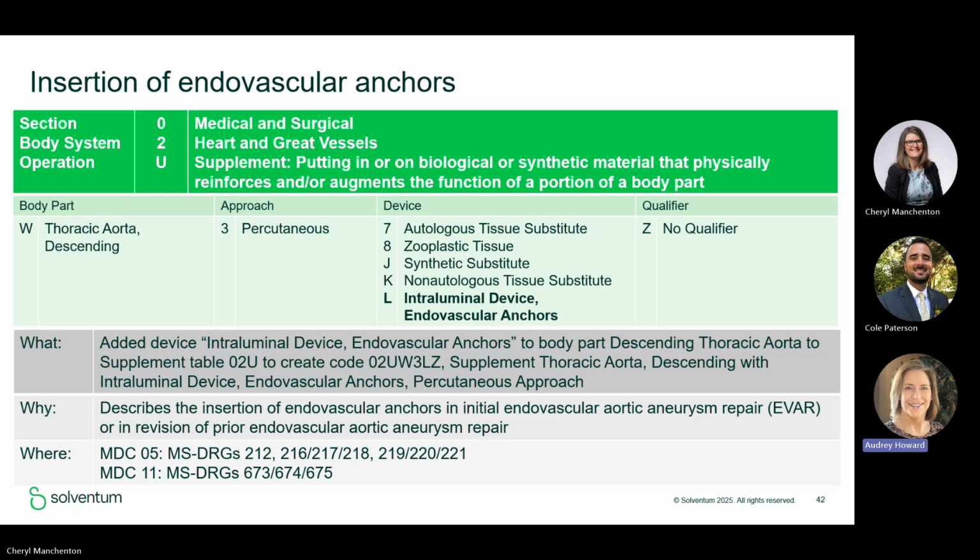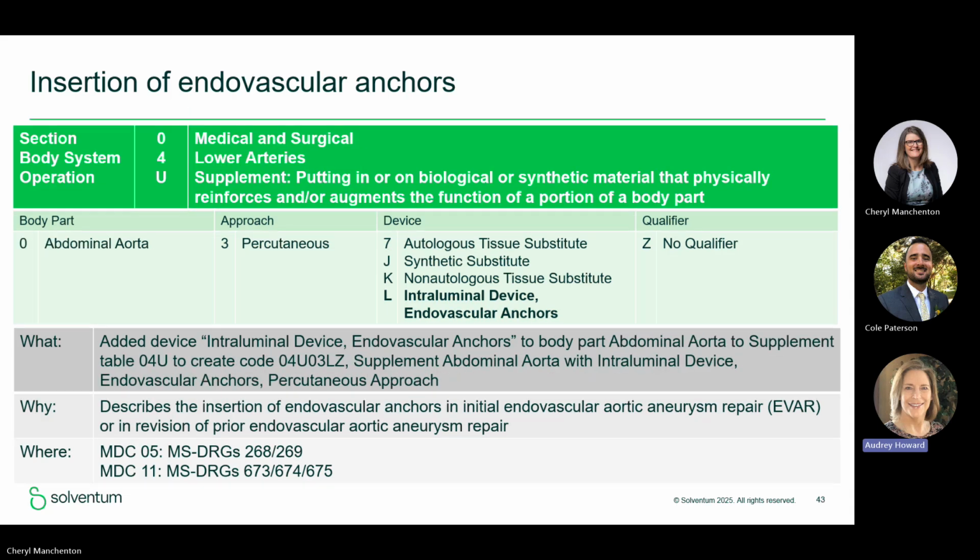The new code added device, intraluminal device, endovascular anchors to body part descending thoracic aorta to supplement table 02U. On the next slide, you'll see another new code was created under body part abdominal aorta, once again to show the insertion of endovascular anchors in an EVAR.